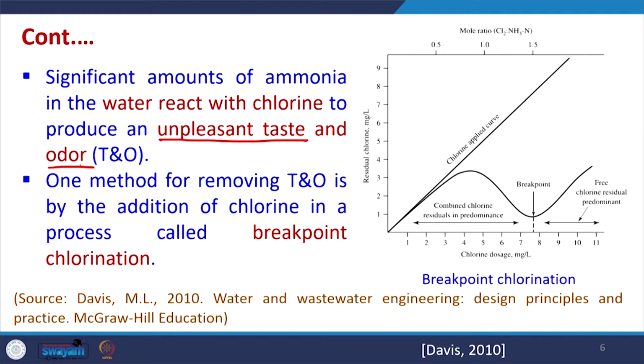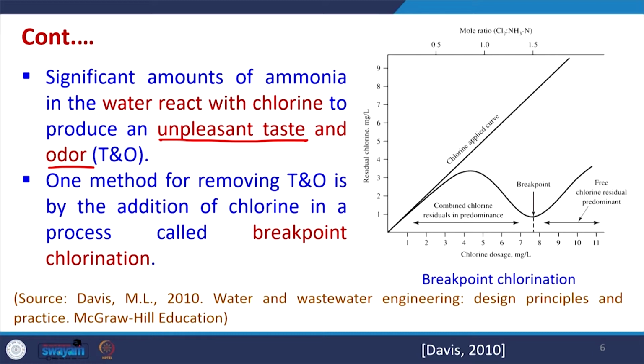So, if ammonia or any nitrogenous compounds are present, they may react with the chlorine, and they will form compounds which have unpleasant taste as well as odor. And the method for removing this taste and odor is to add more chlorine, so that a break point is reached.